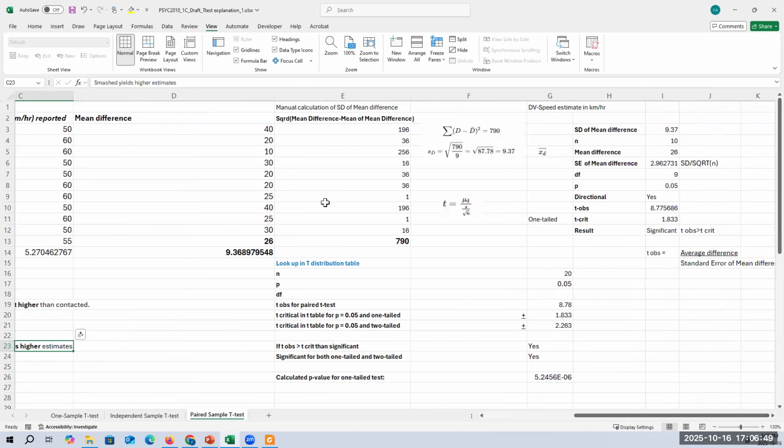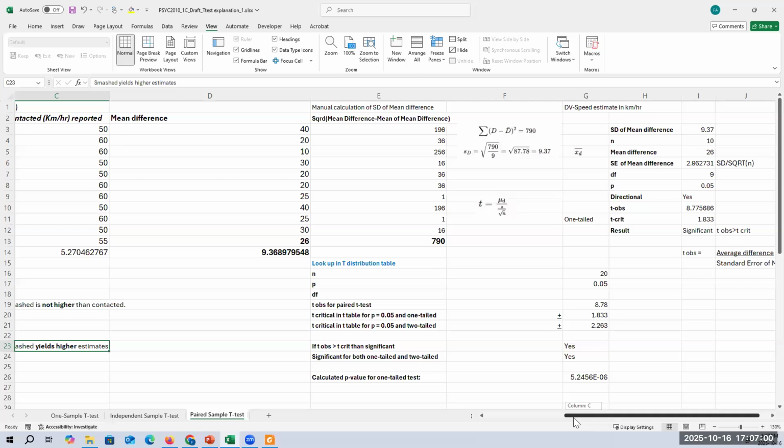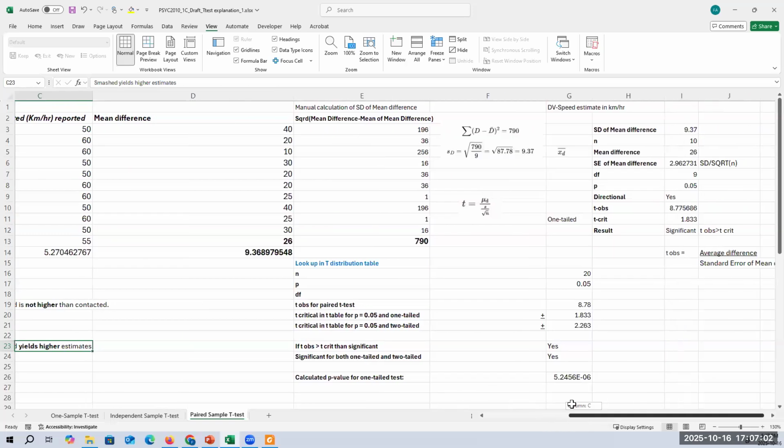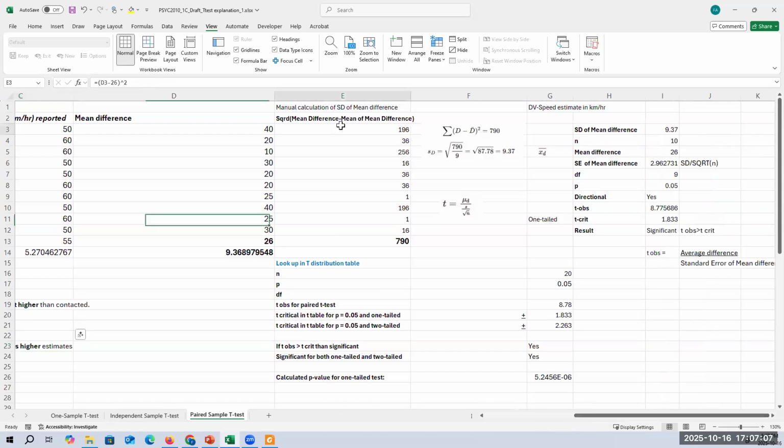Now, how do we calculate the t value here? The difference from the independent sample t-test is that all the participants are exposed to both levels of the independent variable, contacted or smashed, right? So you have the mean difference first, and you get the square of the mean difference. Here's the manual calculation of that, 196, and then you add them up together and you get 790.